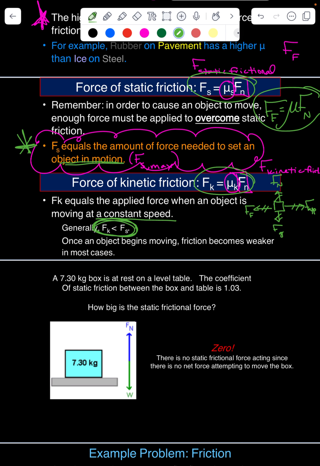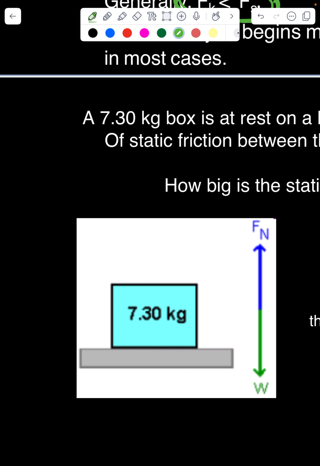If we look at this situation, we have a 7.3 kilogram box at rest on a level table. We know that we have our gravitational force and our normal force, and they are balanced. But that's it.